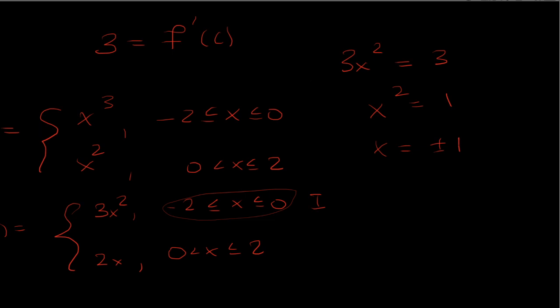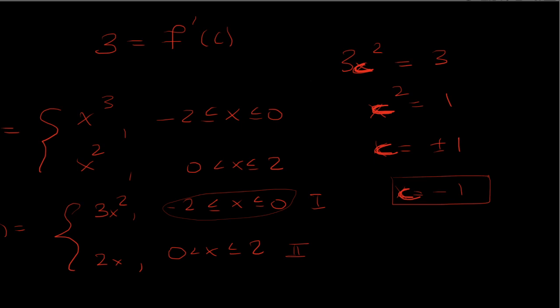Notice that we're in between -2 and 0, so positive 1 does not work. But x equals -1 does. And I should have put c here, actually, technically, because it's f prime of c. So c equals -1 works.